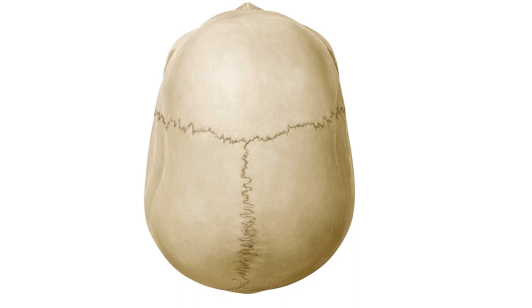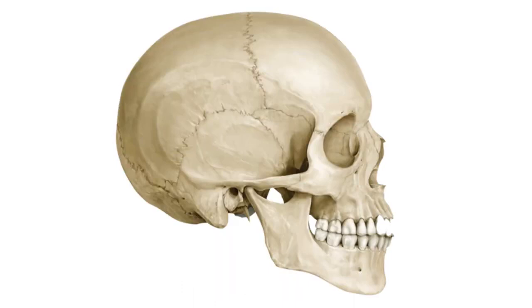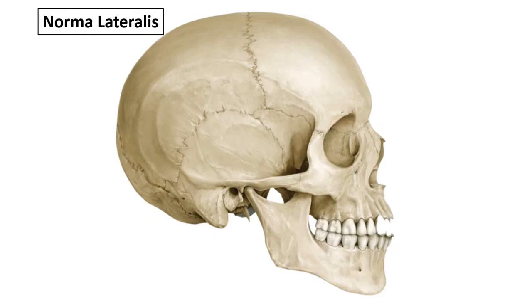Do you know what view of the skull this is? This is the norma verticalis, the vertical view, that is the superior view, and this is norma what? This is norma lateralis.